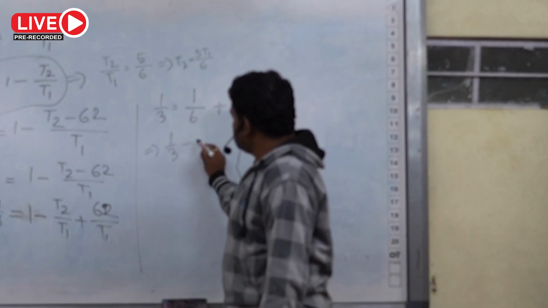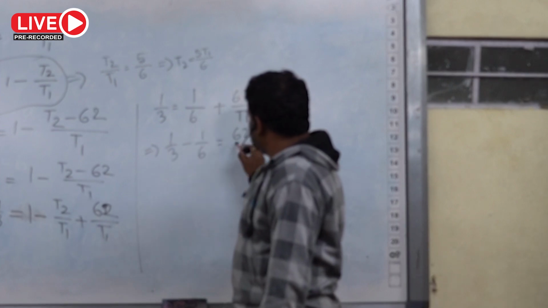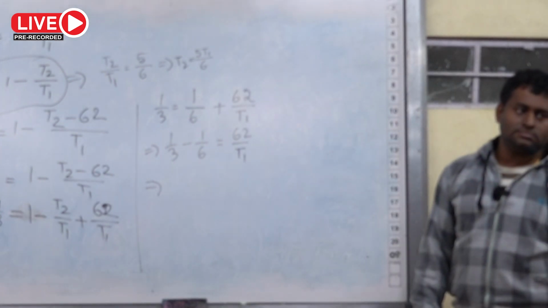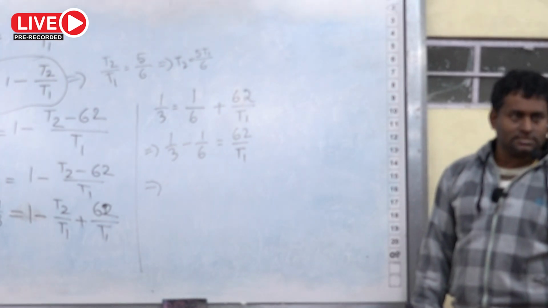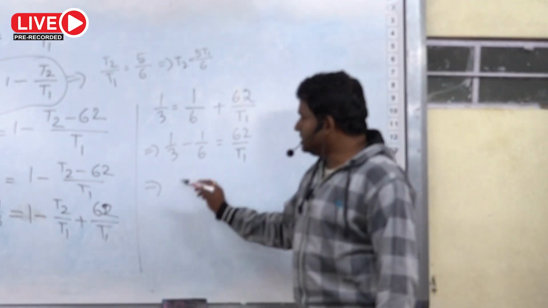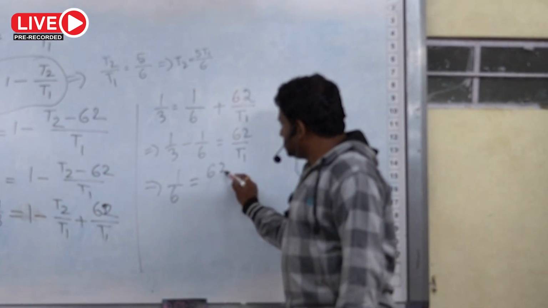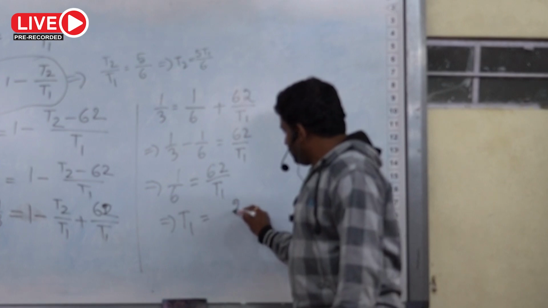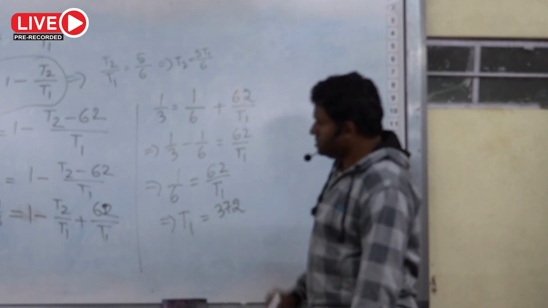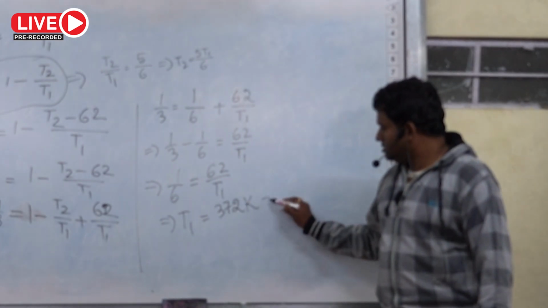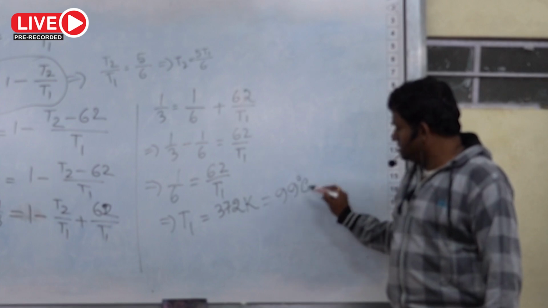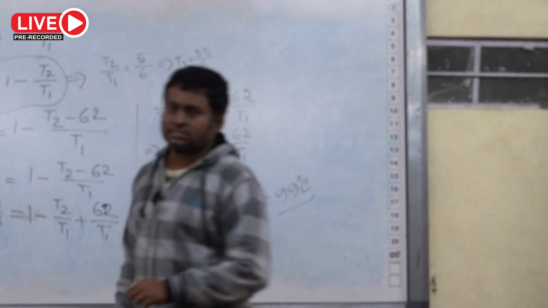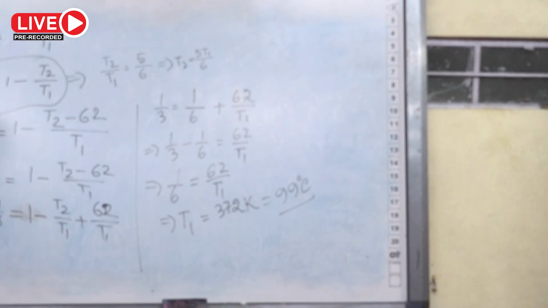So 1 by 3 minus 1 by 6 equal to 62 by T1. 1 by 3 minus 1 by 6 will be 1 by 6, equal to 62 by T1. So T1 is 372 Kelvin, which is 99 degree Celsius. 99 degree Celsius, option D.